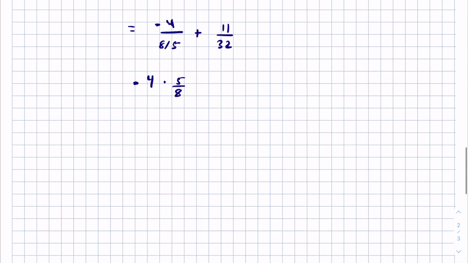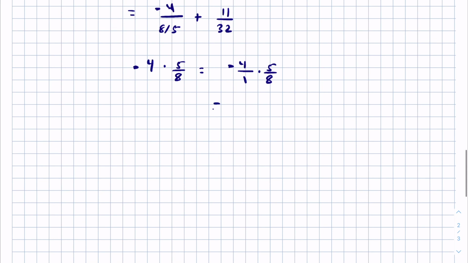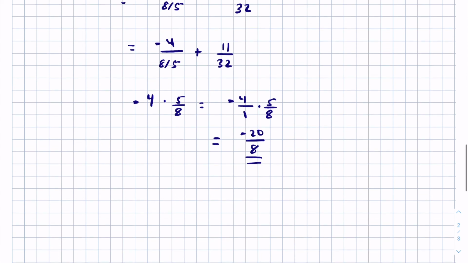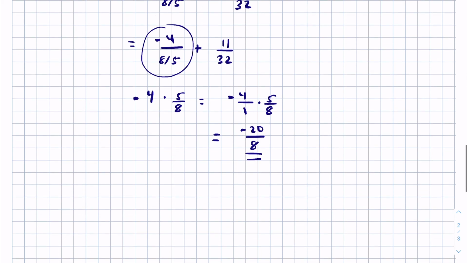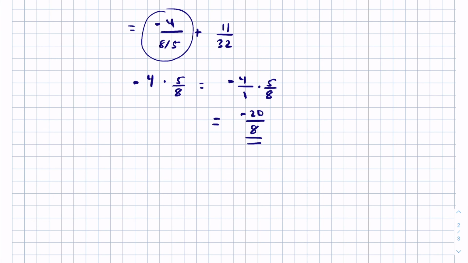We can make this easier to see by turning negative 4 into a fraction, negative 4 over 1 times 5/8. And then negative 4 over 1 times 5/8 is negative 20 over 8. So now we've rewritten negative 4 divided by 8/5 to be negative 20 over 8.